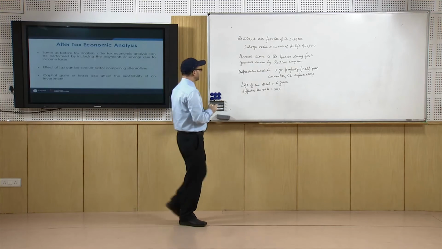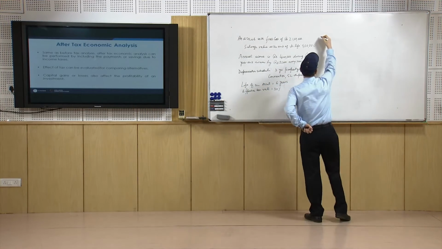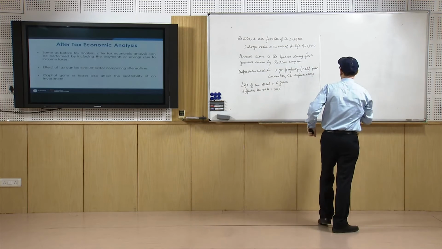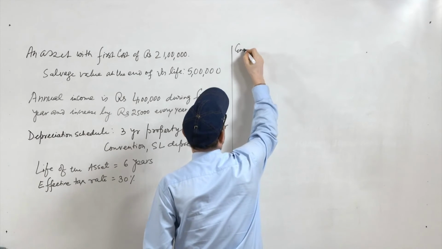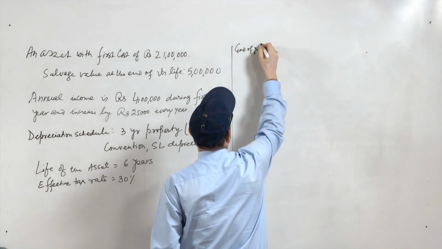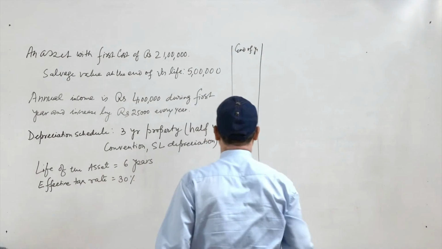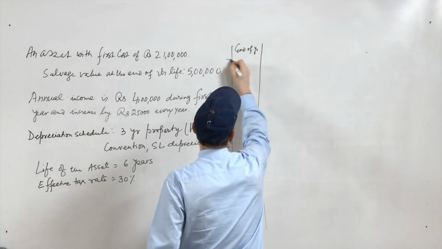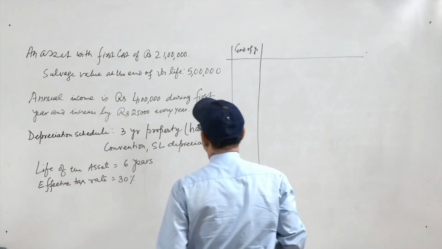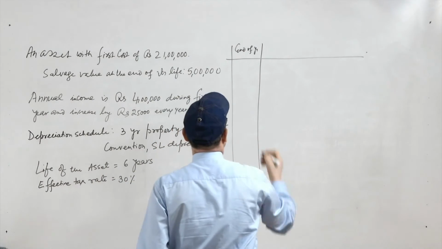Now, in this case we can see the table. We have end of year. So, in fact the life is 6 years.